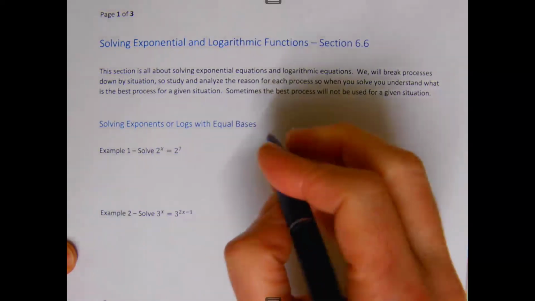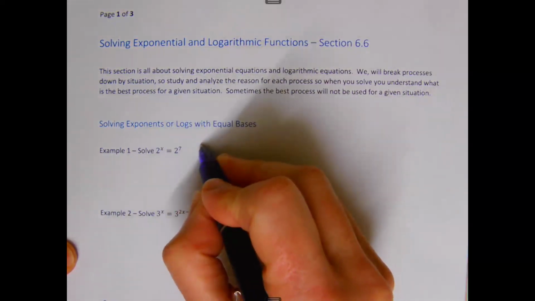This is of the type where, notice, the bases are equal. So what do we notice?